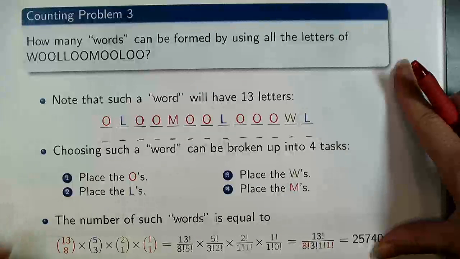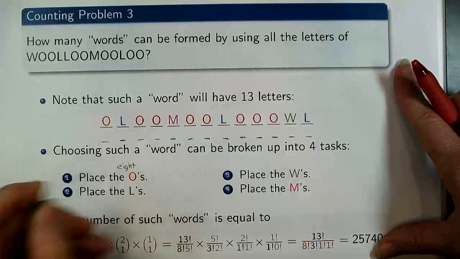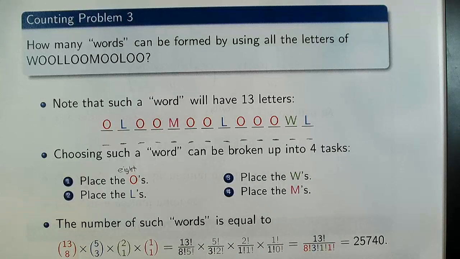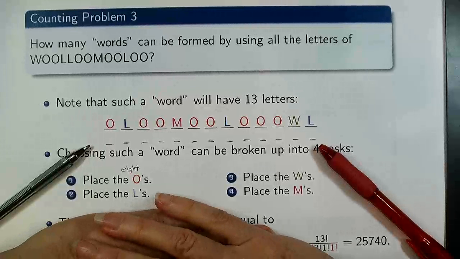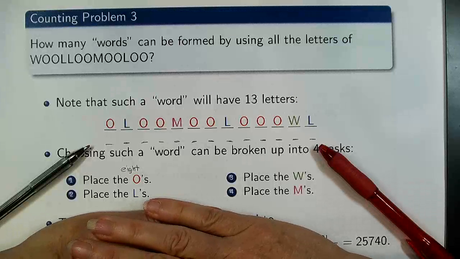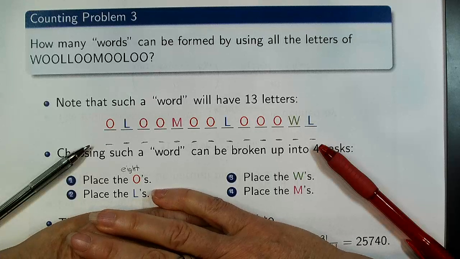We have 8 O's. We're going to place the 8 O's. Well, I have 13 places, and I want to choose 8 of them for the O's. In how many ways can I choose 8 places from 13 for the O's? 13 choose 8. You are all so good.